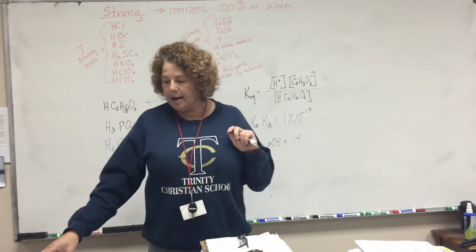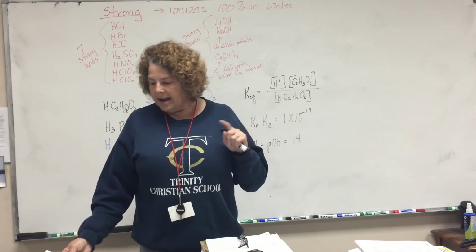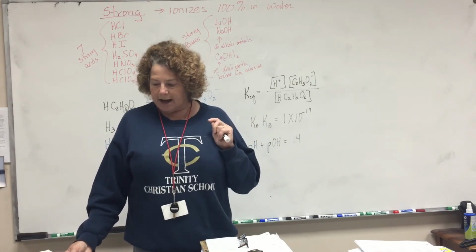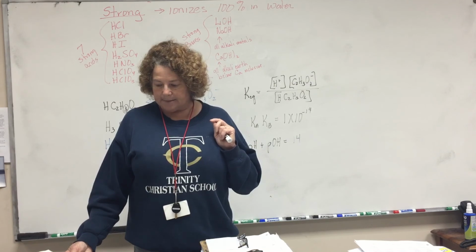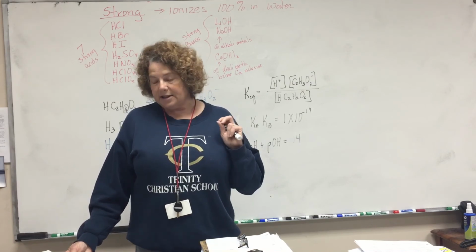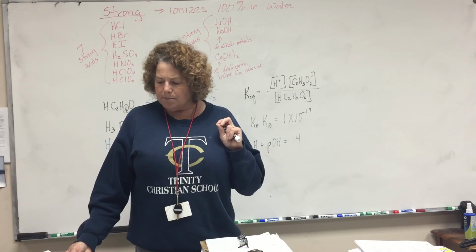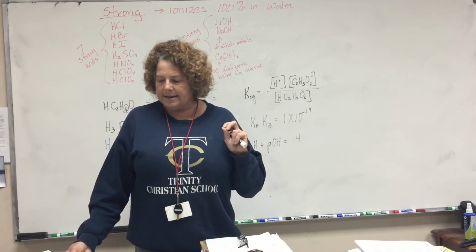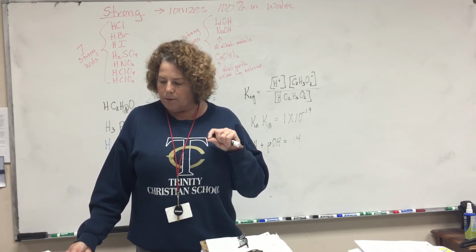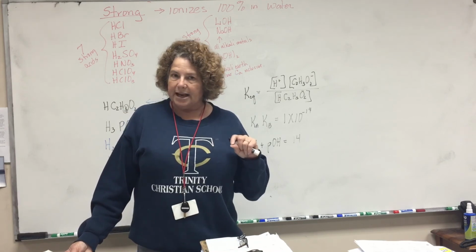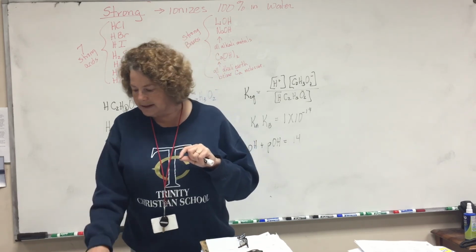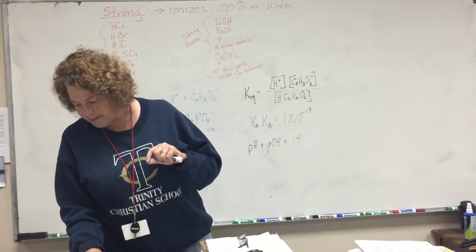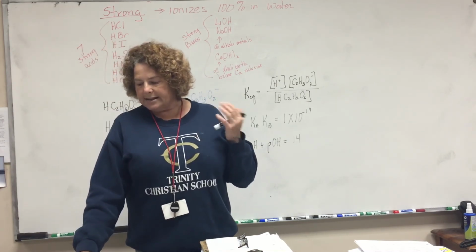But if you look on the top of page 425, it has the indicators, the pH range. So basically, if I have something of pH 6, and I want to see if it's pH 6, I would use methyl red and see if it's yellow, and bromothymol blue and see if it's yellow. Because if you look, the range at about 6.5, or at about 6, methyl red is yellow.